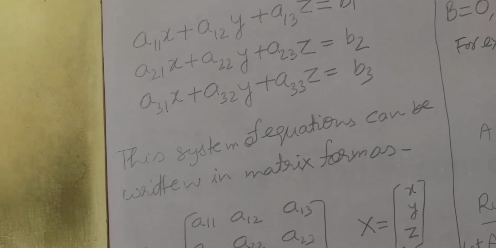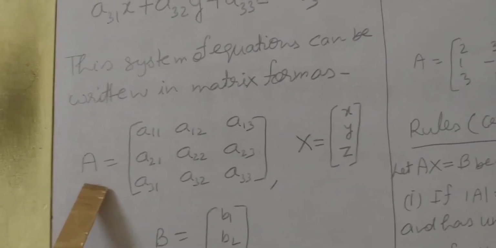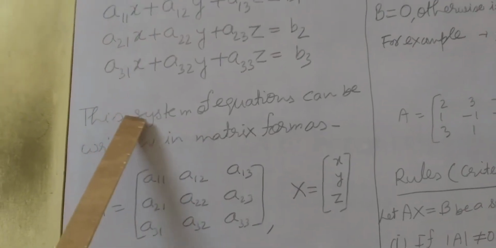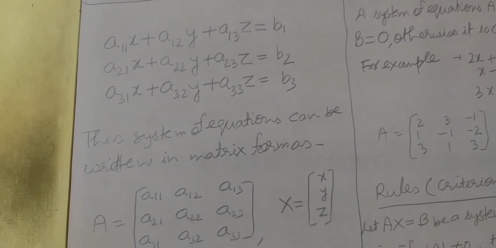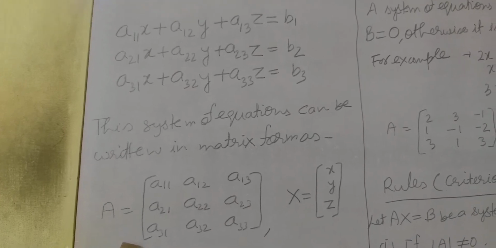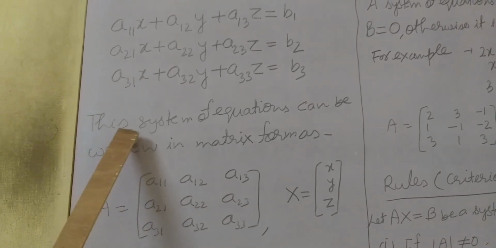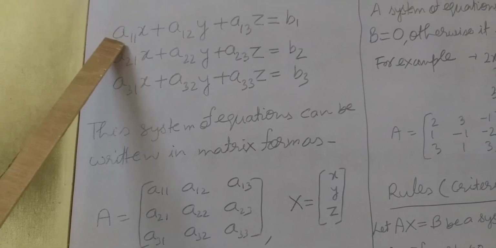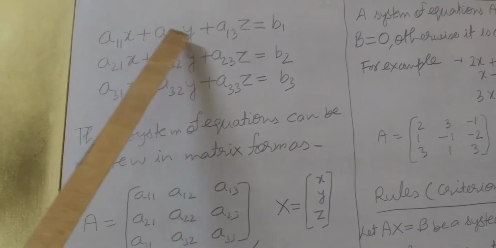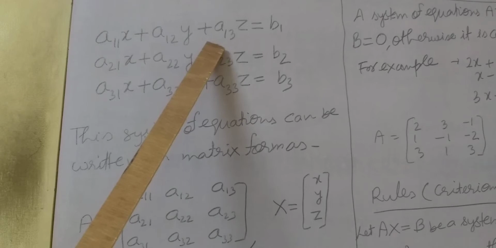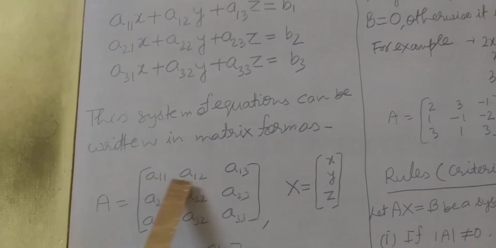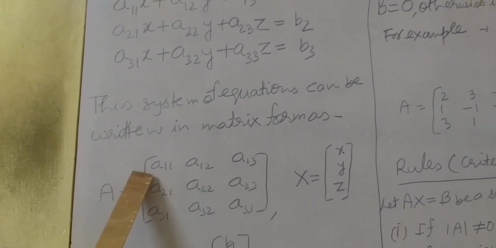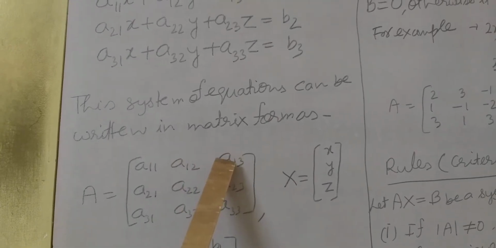First of all, we can form a matrix of the coefficients of x, y, z. So A is the matrix of the coefficients of x, y, z. Coefficient of x a11, coefficient of y a12, coefficient of z a13 in equation 1, so we arrange a11, a12, a13 in the first row.